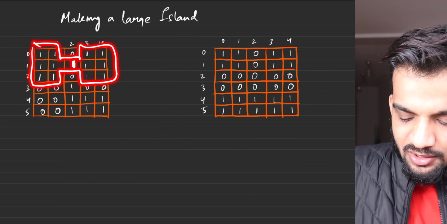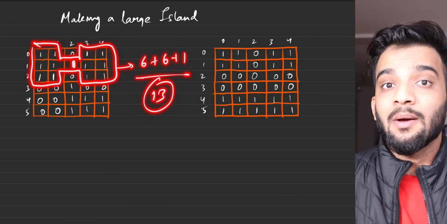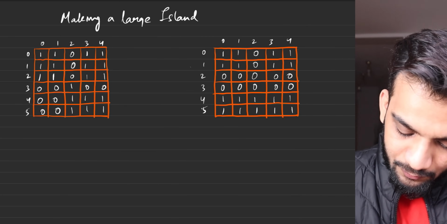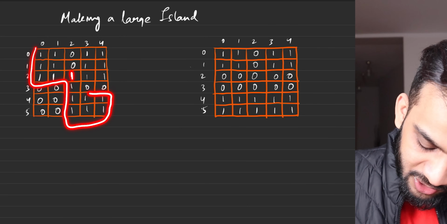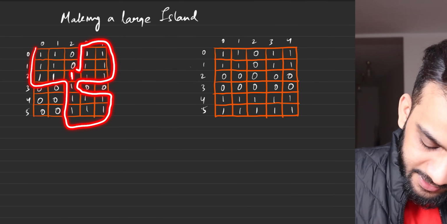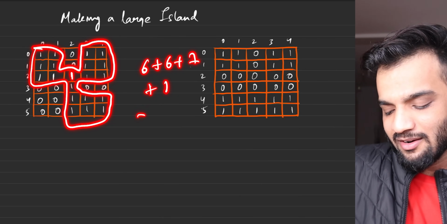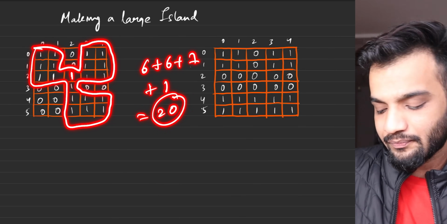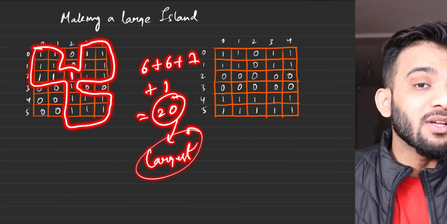If you convert this, it's still 6 plus 6 plus 1, which is 13. But if you convert this, you actually connect all three connected components, making it 6 plus 6 plus 7 plus 1, which is 20. And this is the largest that you can get.